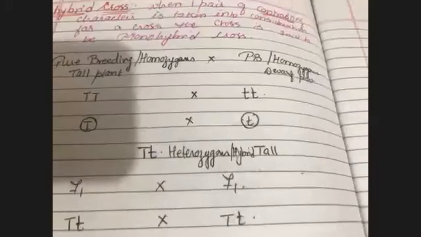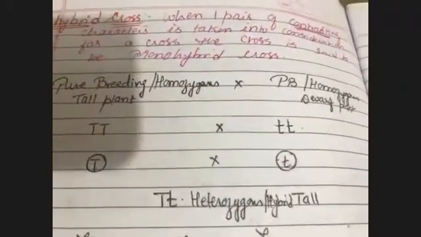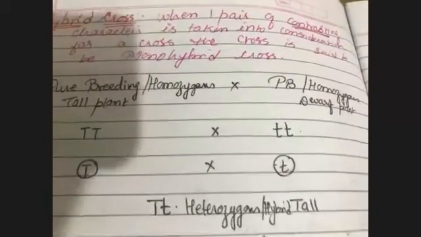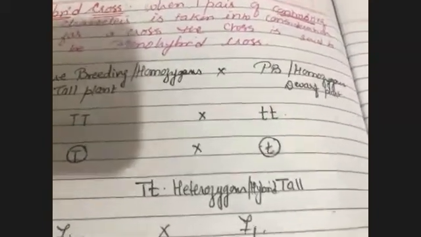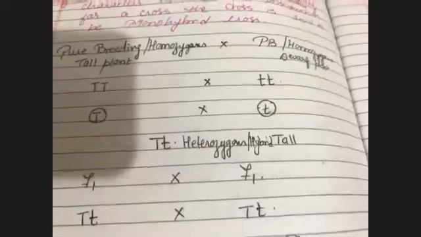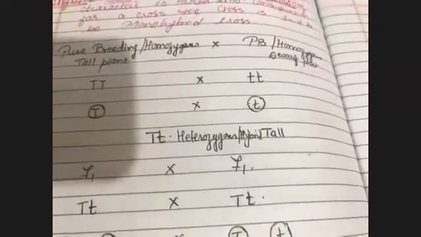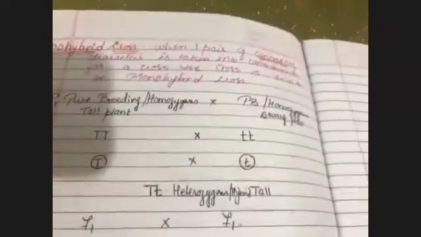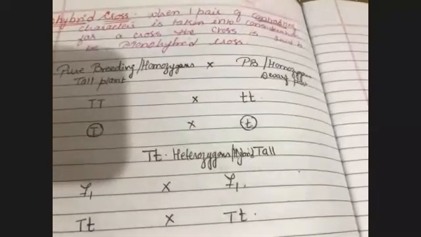The question in the paper can come: define monohybrid cross, illustrate your answer with a suitable example. It can come for 3 marks totally. Definition is 1 mark.